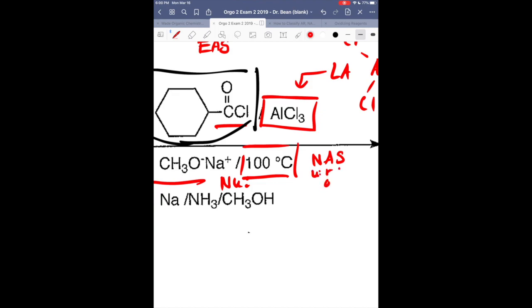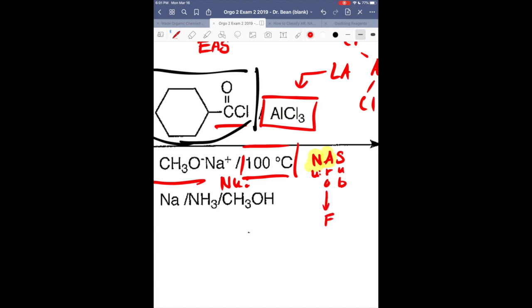So nucleophilic aromatic substitution. Right, so let the name help you to remember what is going on here, okay? So we have a nucleophile. So remember I said the first letter is going to be representative of what gets added or substituted onto the benzene ring. So that's a nucleophile.